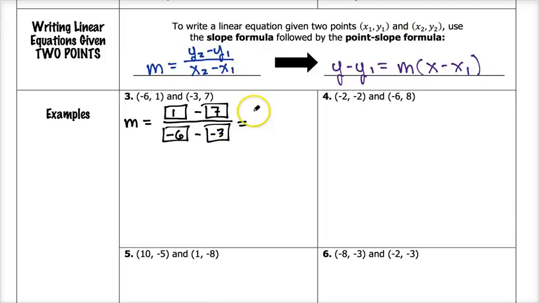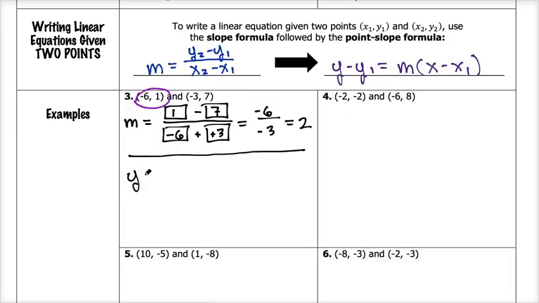So this becomes 1 minus 7, which is -6, divided by -6 minus -3, which is -6 plus 3. So that would be -3 on the bottom, and you end up getting a positive 2 for your slope. So once you find your slope, then we use our point-slope formula. I only need 1 point to use my point-slope formula, so I can pick either of these points, -6, 1 or -3, 7. So I'll choose this point here.